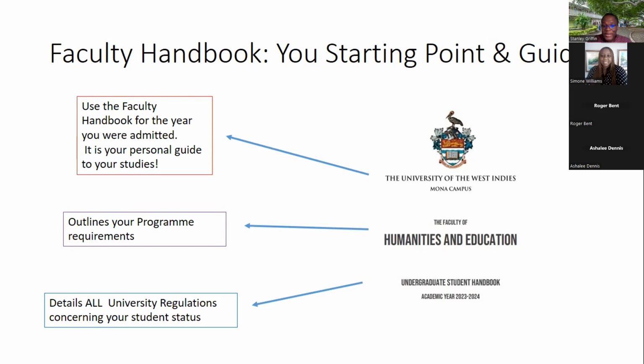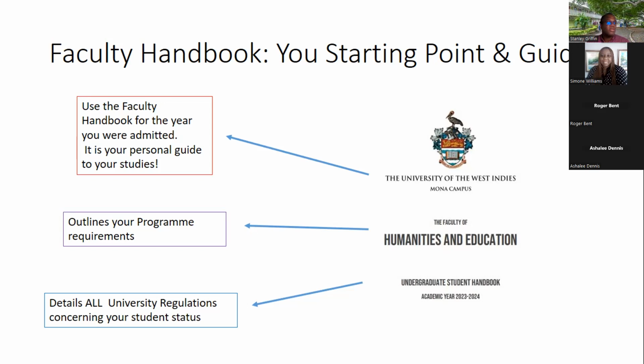The handbook outlines your program requirements. Every program will have its own stipulations. And so the handbook is there to tell you what you need to know, what you need to do, and what you need to pass, and the various details for your program requirements. And finally, all university regulations for undergraduates and faculty regulations are, for your reading convenience, placed in the handbook.